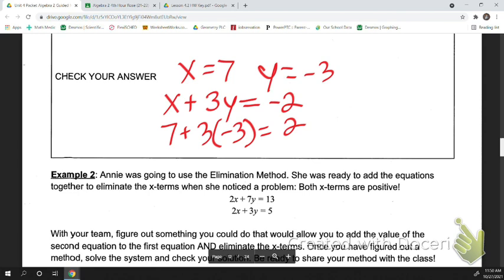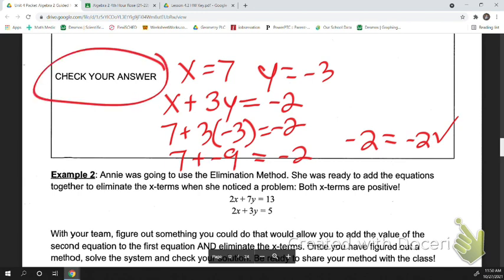So I've plugged in x and y. I get negative 2 equals negative 2. So hey, it worked out. That's how you check an answer. You plug in the x and the y. If it didn't work out, I would go check your work and see if you made a mistake. Any questions?